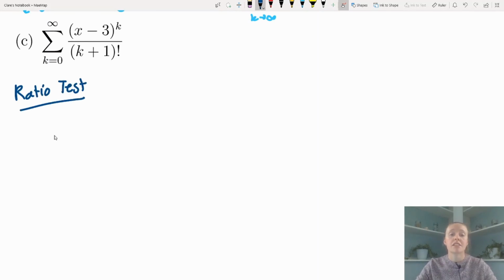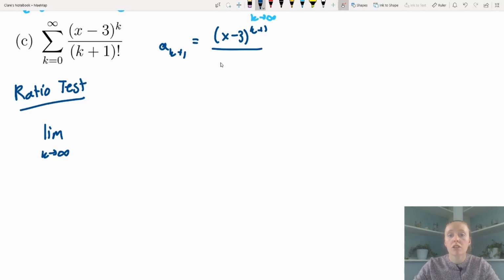Now the ratio test is taking the limit as k approaches infinity of a sub k plus 1 over a sub k. So if what's in the series is my a sub k, my a sub k plus 1 is going to be x minus 3 to the k plus 1 all over k plus 1 factorial.